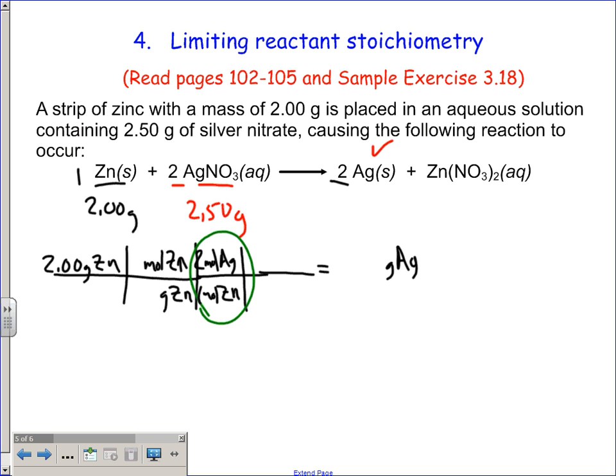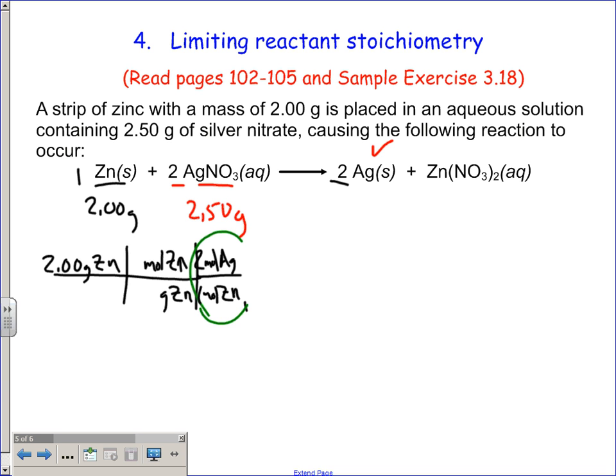Now, if I wanted to get to grams of silver, I could keep going at this point, because for every 1 mole of silver, if you look up silver's molar mass, which is 107.9, you have that many grams of silver. And then I would predict how many grams of silver I've got. Now, to technically just find the limiting reactant, I don't really have to do this step. So I'm going to make this a little easier and stop right here.